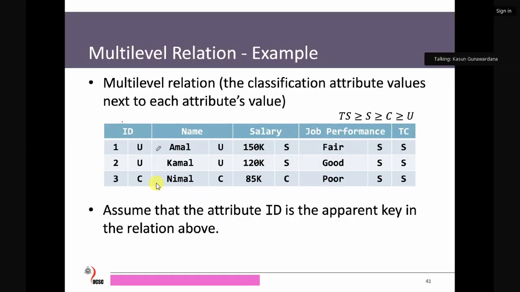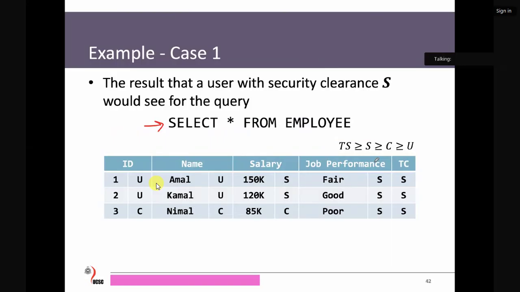You see that this is the original table, right? All the data stored in this table is either at classification level S or below, right? Therefore, the user will be able to see all the data.